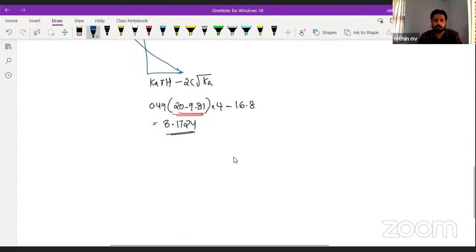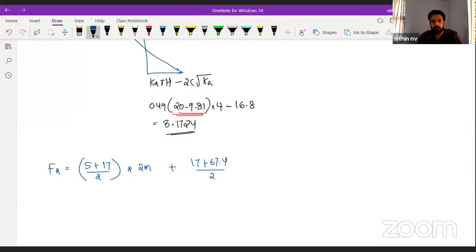So how much will be the active earth force now? Everyone, please tell me how much you are getting. Into 2 meter, plus (17 plus 67.4) by 2 into 4 meter. Now tell me how much you are getting, everyone.